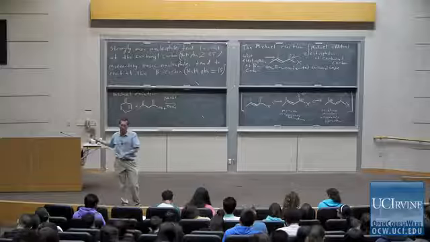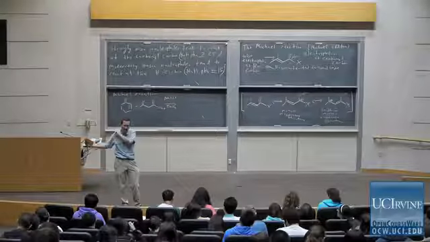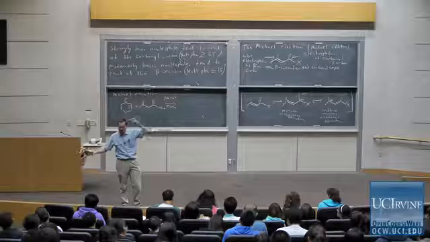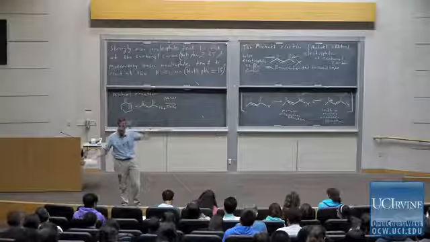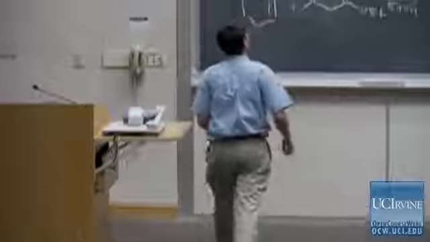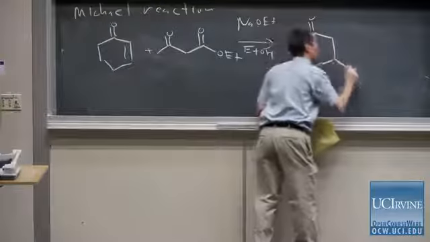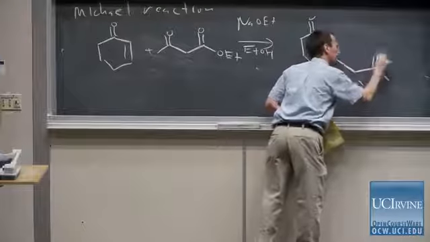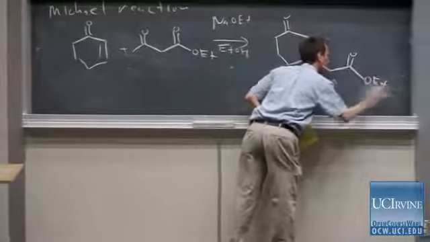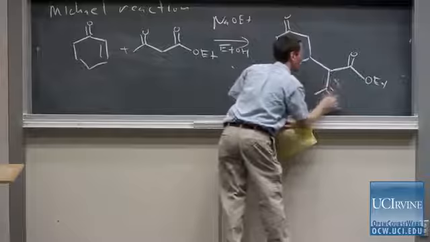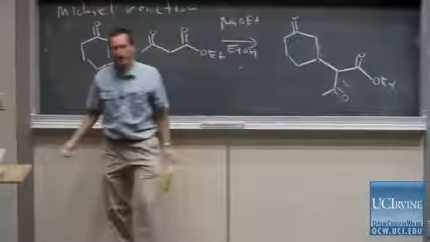So that equilibrium between sodium ethoxide and ethyl acetoacetate lies way to the right. The product of this reaction is that.